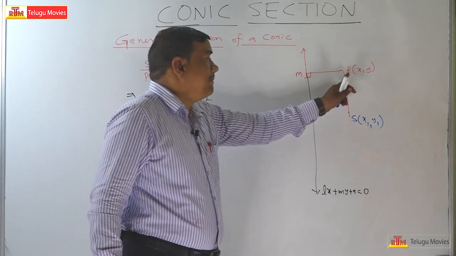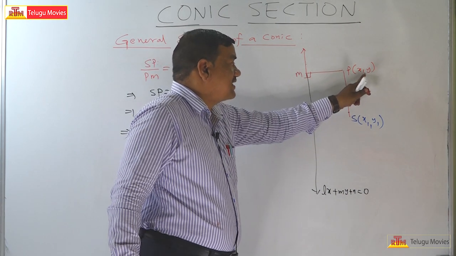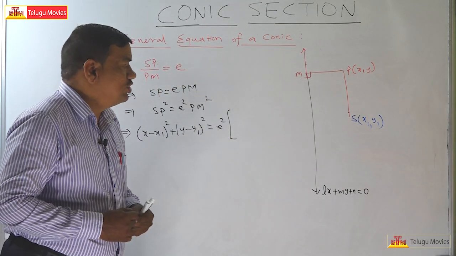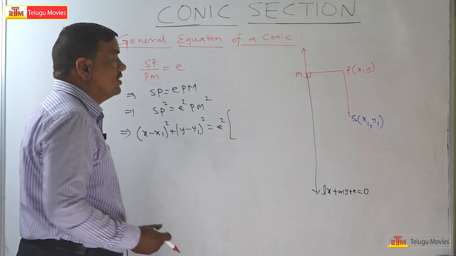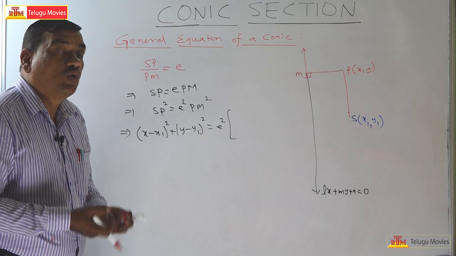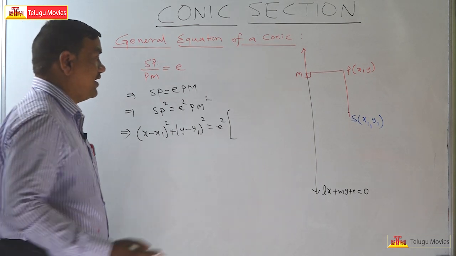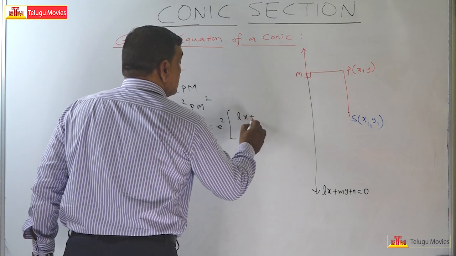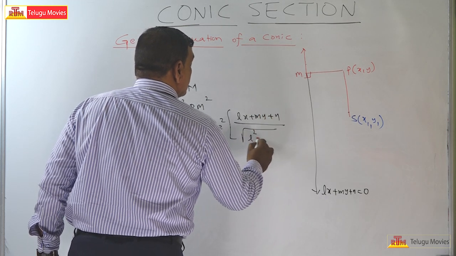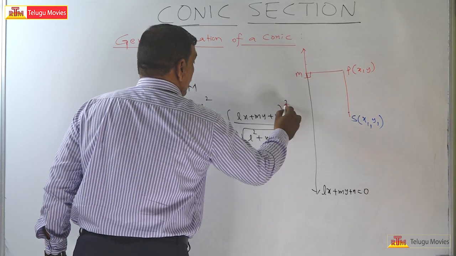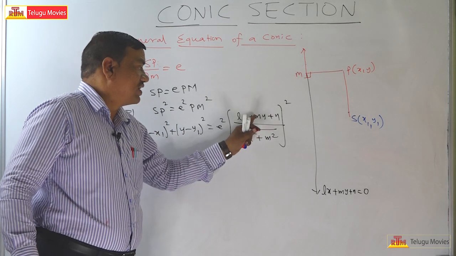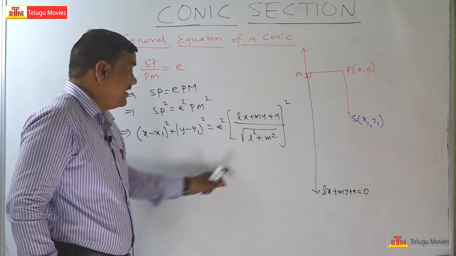PM means the perpendicular distance from the point x comma y to the line Lx plus My plus N is equal to 0. What will be the perpendicular distance? It is (ax1 plus by1 plus c) by root of (a square plus b square). So this is equal to (Lx plus My plus N) by the square root of (L square plus M square), of course whole square. If you rearrange these terms, the square root will come for numerator and denominator, and rearrange these terms.